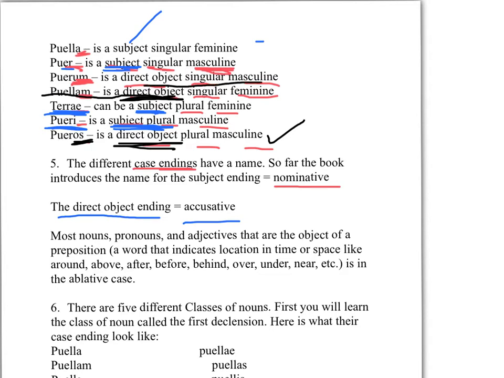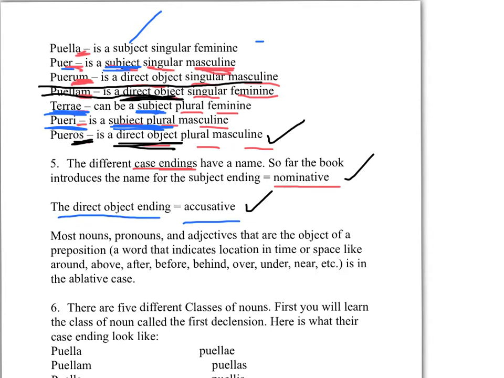Puerum is another singular accusative case ending. Right now, you do not need to memorize these endings. You just need to start to become familiar with the terms nominative and accusative. You don't need to memorize anything yet, but you do need to start becoming familiar with these terms so that I can use them regularly, and your textbook will use them regularly, and you will understand how to apply them.